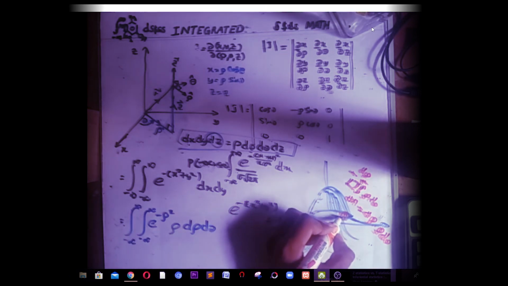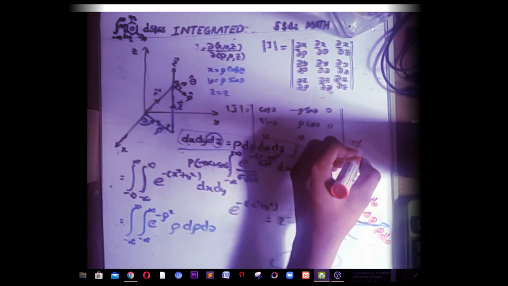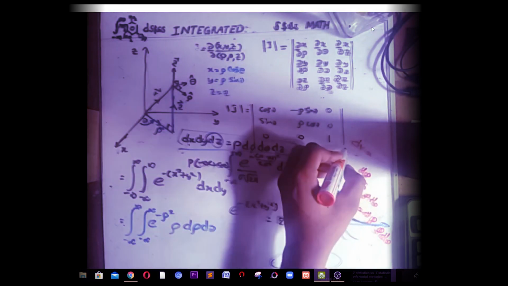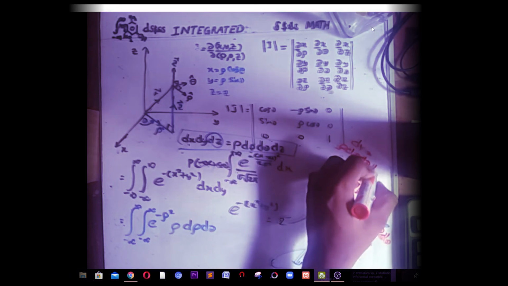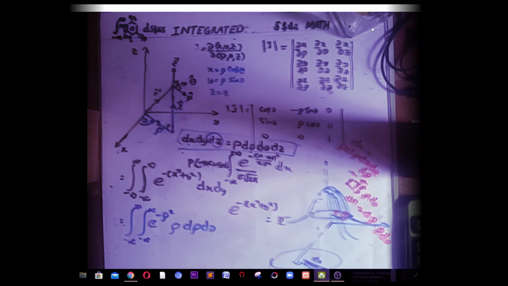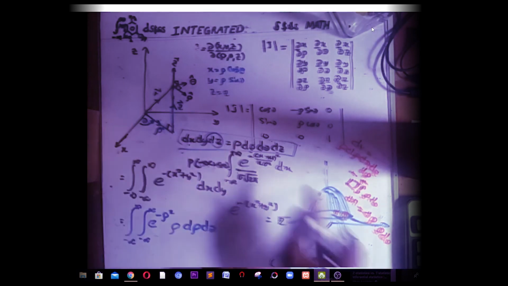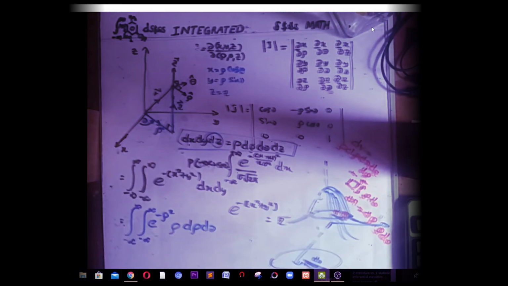If you need to evaluate the dV, this is going to be equal to rho d rho d theta dz. How? dx dy dz is going to be equal to rho d rho d theta dz. So what would happen to the dz term here? Here actually we have evaluated that. Let me show you. I'll use another color.